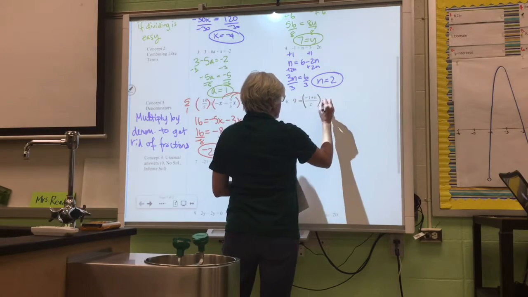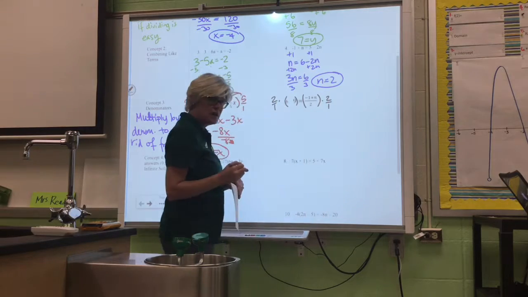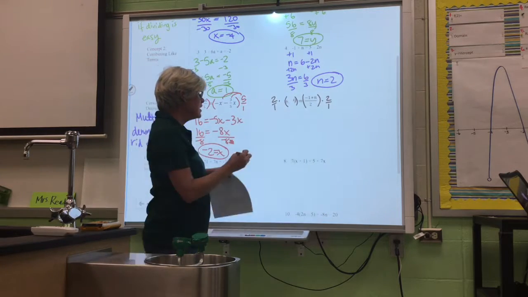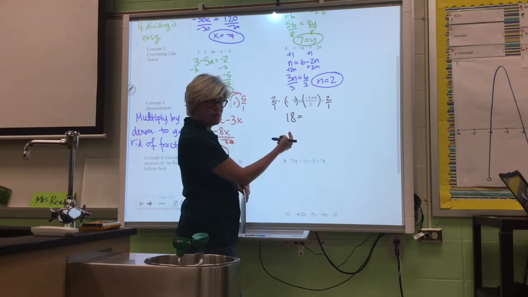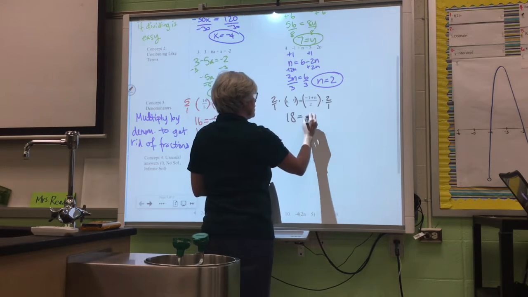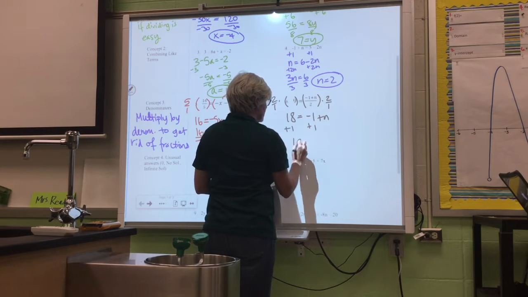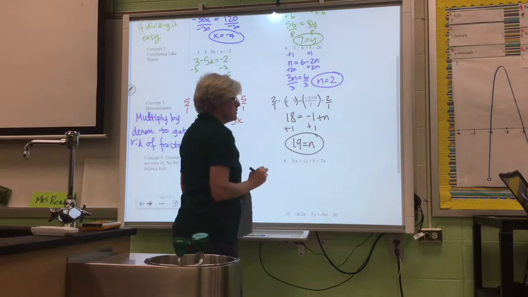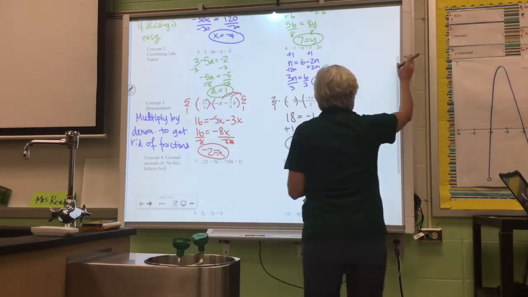I'm going to multiply times 2 over 1 on both sides. That's going to give me 18 over here. And the 2's cancel here, and leave me with a negative 1 plus n. Now I just have to solve that, and I get n equals 19. That's how you get rid of denominators. Multiply by the denominator.